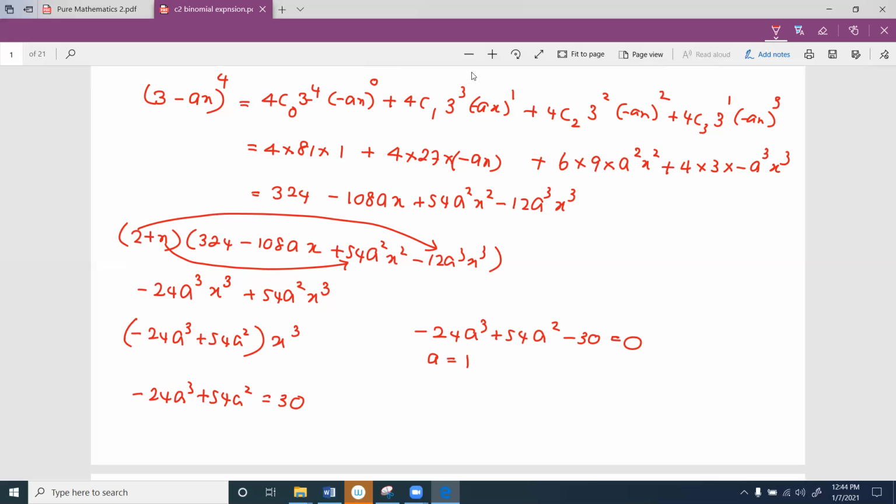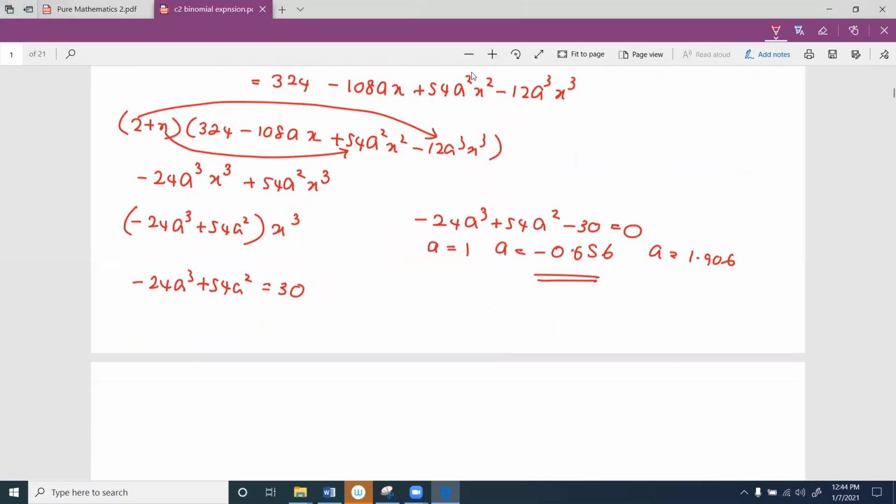One answer is 1. The other answer is a equals minus 0.656. The other answer is a equals 1.906. Those are the answers we come across. Right? Hopefully you understood how I get this answer. So those are the questions they are referring to us.